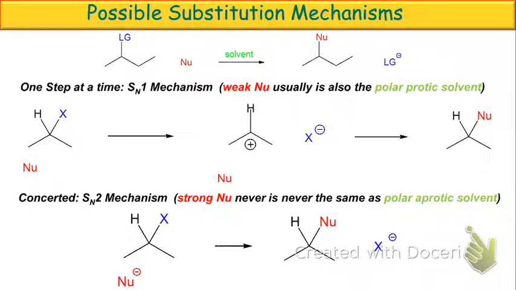Okay, I could draw a line through it, except now we're doing a mechanism. I want to use curved arrows to show the flow of electrons. So we can compare in that first step what things have changed.